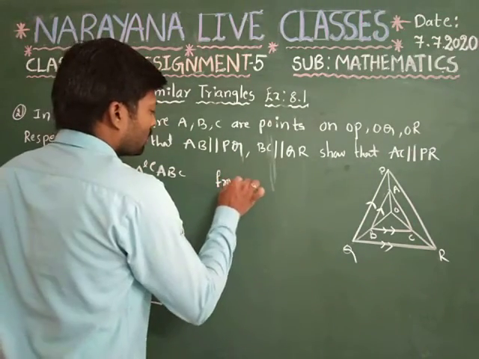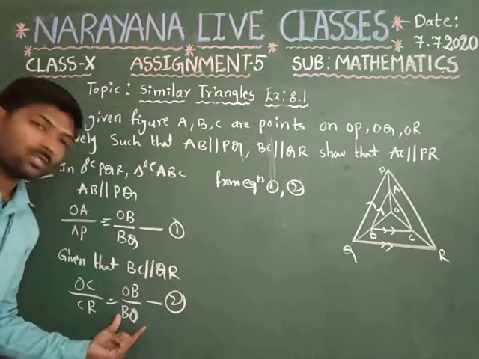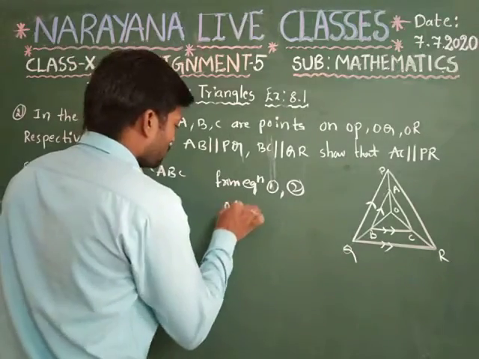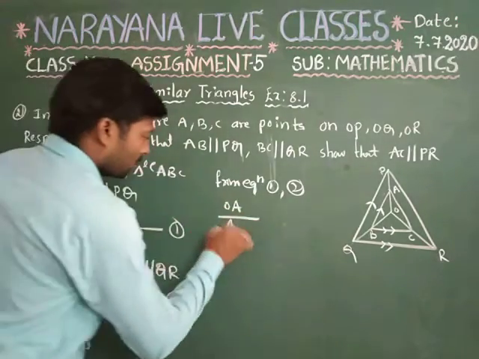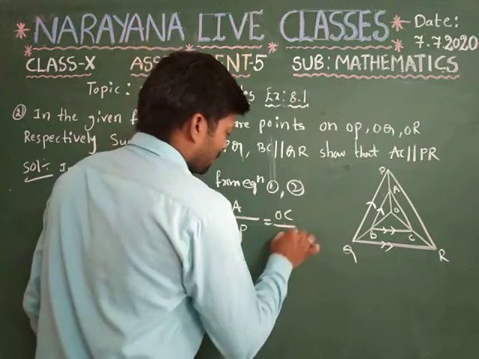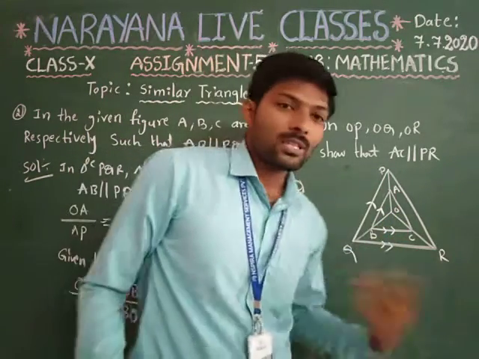From equations 1 and 2, both RHS parts are equal, so we equate their LHS parts. That is OA by AP is equal to OC by CR. OA by AP is equal to OC by CR means what?